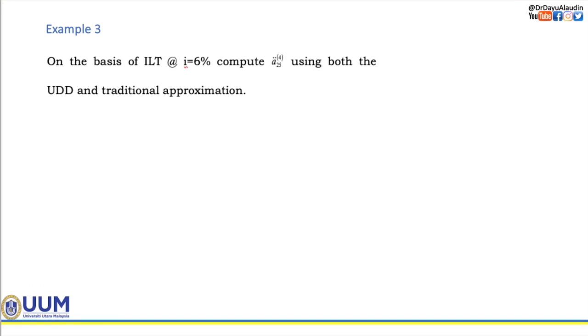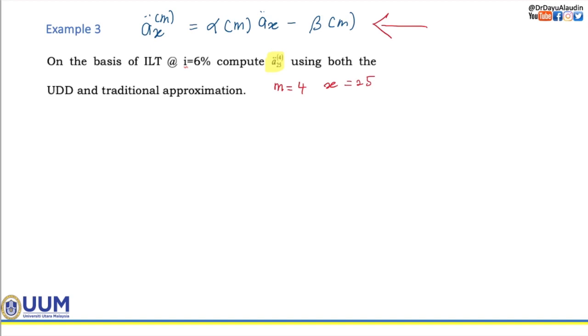So example 3. On the basis of ILT, the illustrative life table at i equal to 6%, compute the quarterly annuity due at age 25 using both assumptions, UDD and traditional. So m is equal to 4 and x is equal to 25. This is the basic equation to find this annuity for the payment.